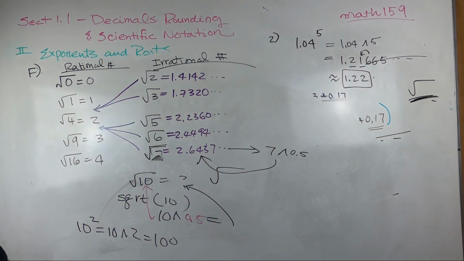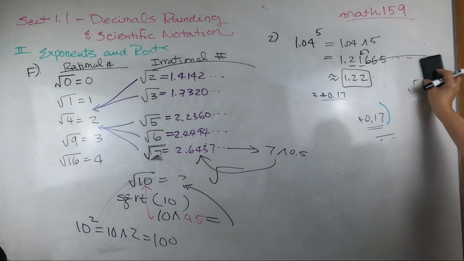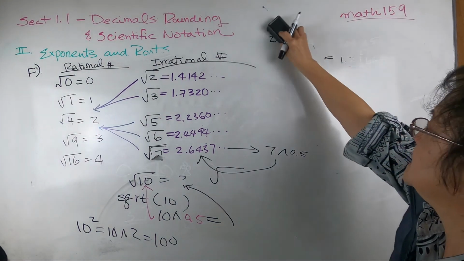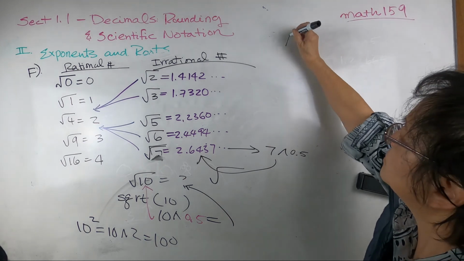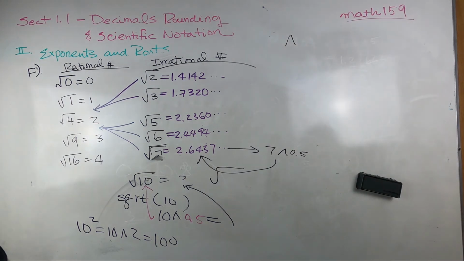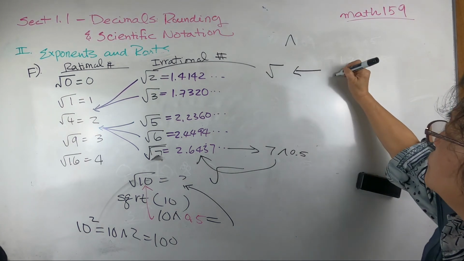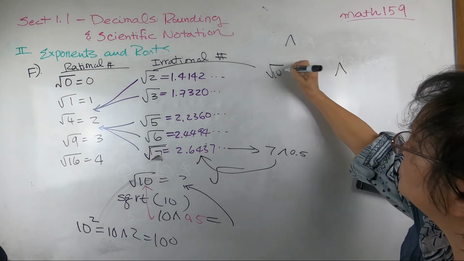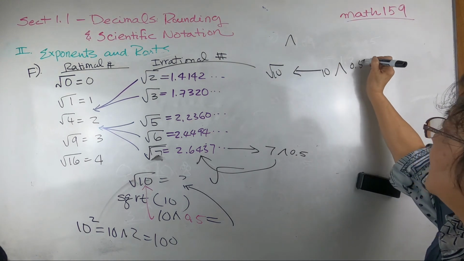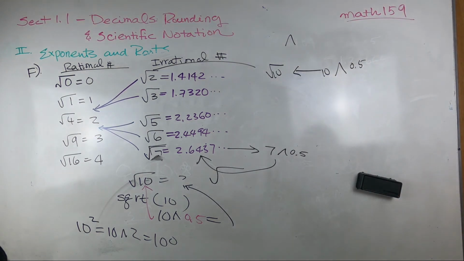Okay, so for this section, you need to recognize the power symbol is this one on your calculator. If it's a square root, you do the power symbol, then use 0.5. You will have it.